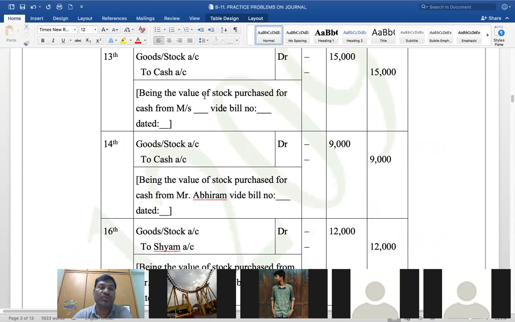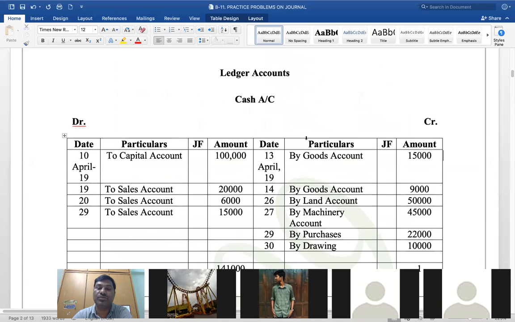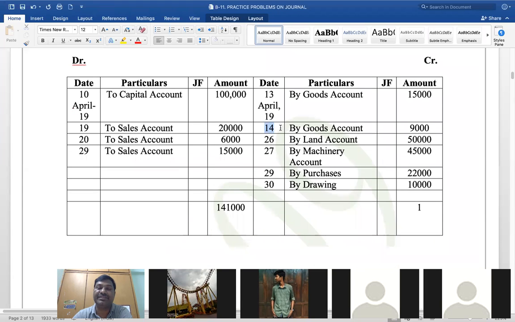13th is over. 14th also there's a cash. Goods account debit to cash account. Goods account is debited, cash account is credited. 14th is the date.